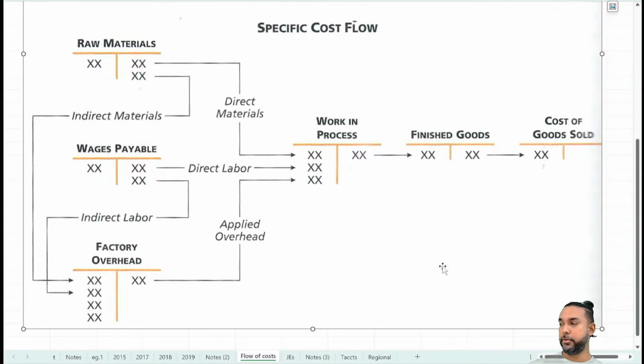Now, the more accurate treatment would be that we'd somehow have to find out how much of the over applied value should go to each of these three accounts: work in process, finished goods, and cost of goods sold. And that's what I was saying before. That can be very cumbersome, time consuming, and not really worth the time taken unless it is a significant balance.